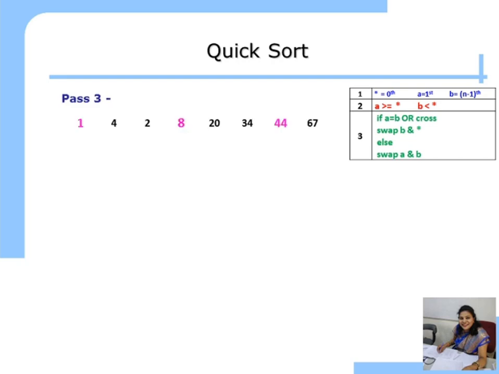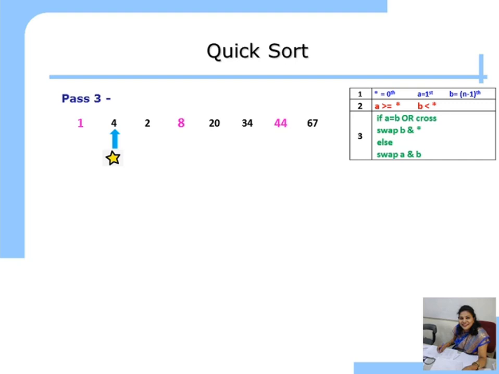Now see, in the 42 list we initialize pivot, A and B, and in 20 and 34 we again initialize pivot, A and B. In 4 and 2, in this list there are only two elements. The zeroth element is the pivot, so 4 is the pivot.